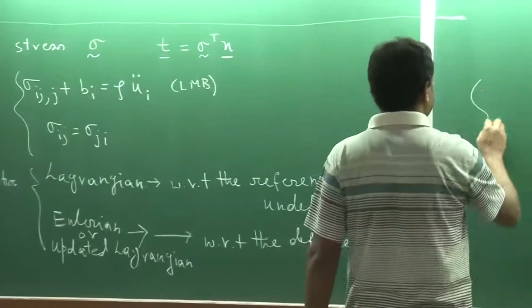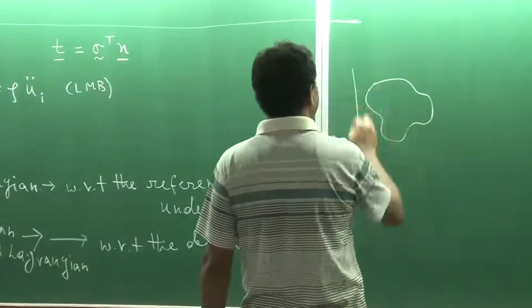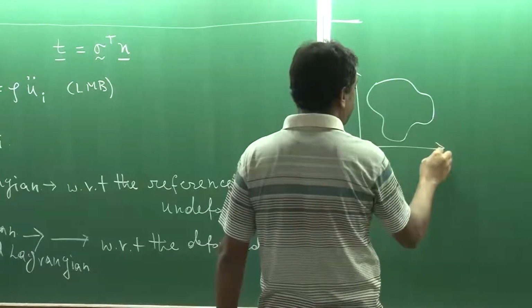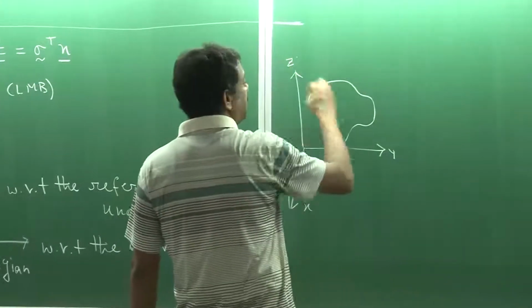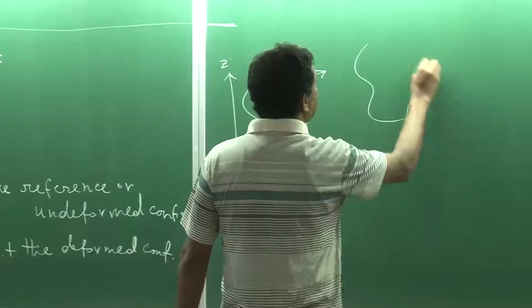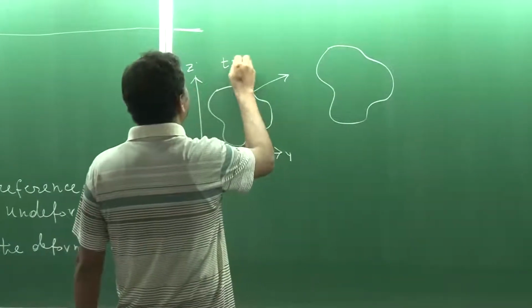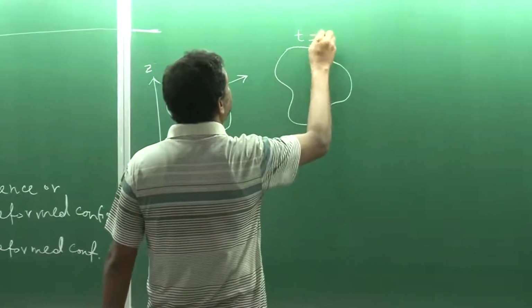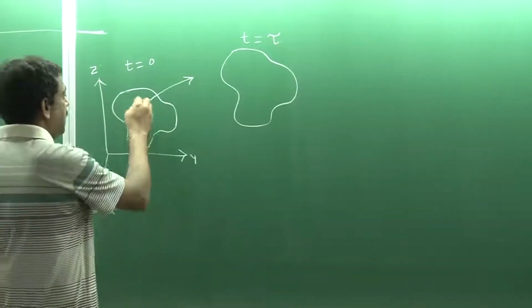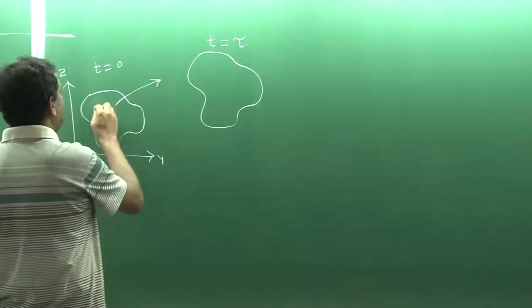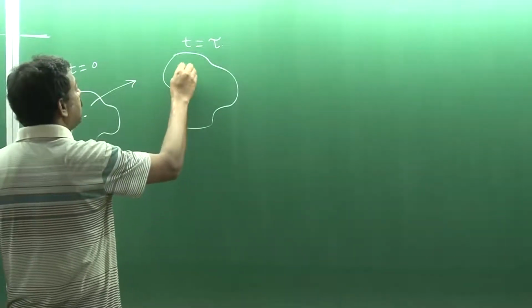So, basically we have a body in a coordinate system x, y, z, and this body is deforming and going to a different configuration. This is t equal to 0, this is maybe t equal to tau, where tau is pseudo time. So, every point on P is being mapped to a point here.